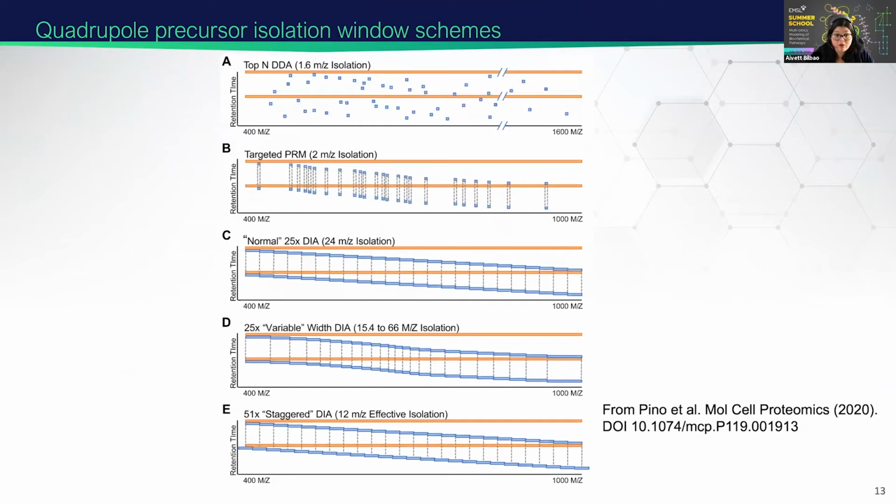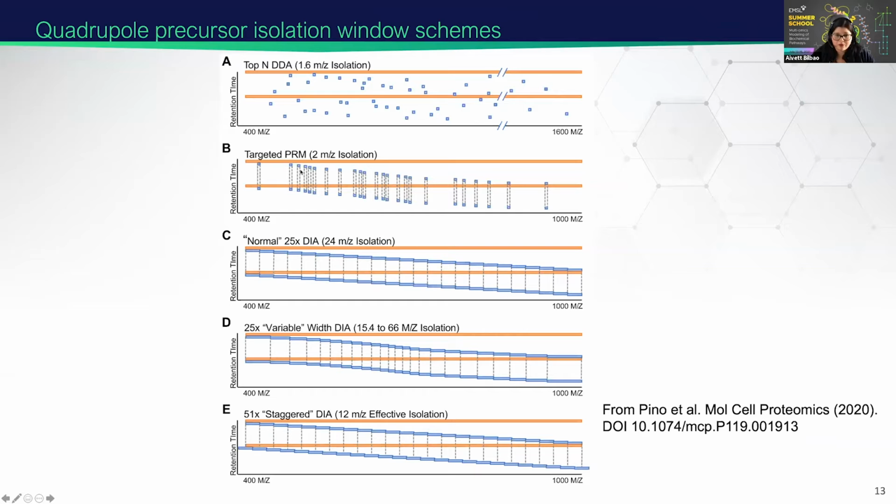Here we have an overview of the quadruple precursor isolation window schemes. At the top, we see the standard data-dependent acquisition scheme, where the isolation will be just random, depending on the precursors that are selected.